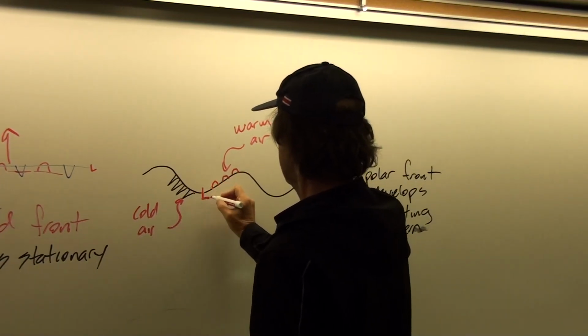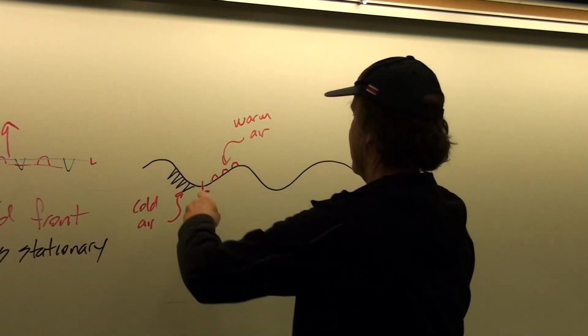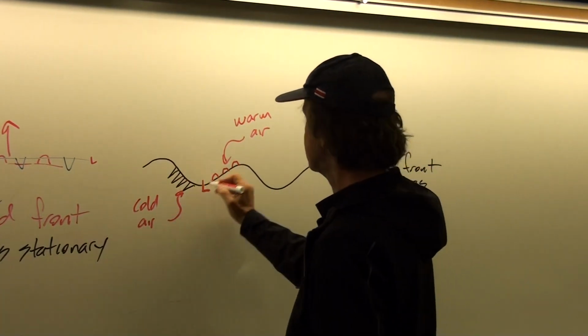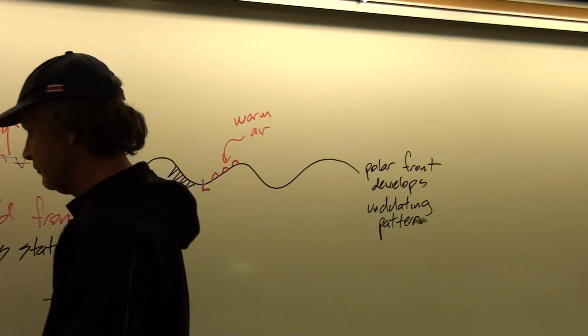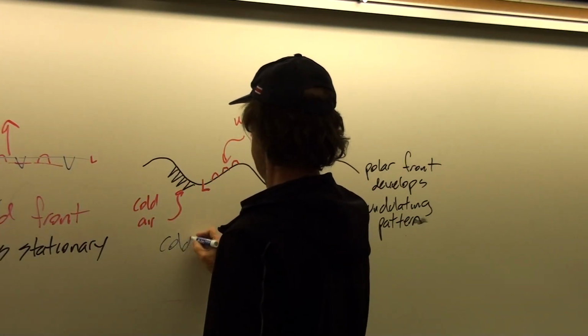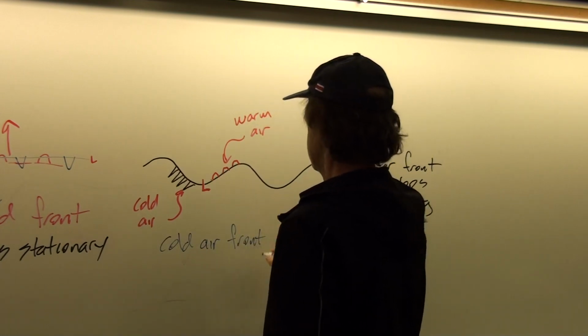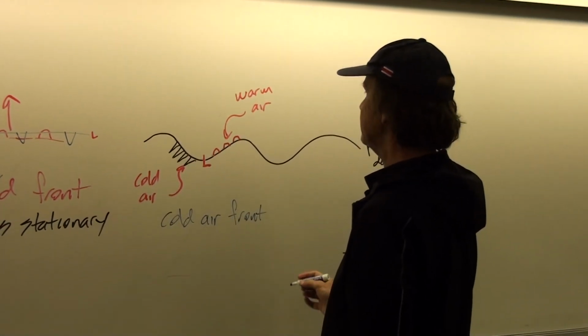And because this whole thing is a low, a lot of times what will happen is that because the cold air moves faster than the warm air, it'll start to catch up. So typically it moves about twice as fast as the warm air front.